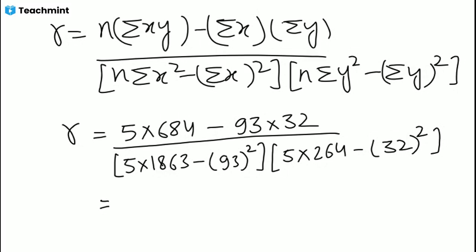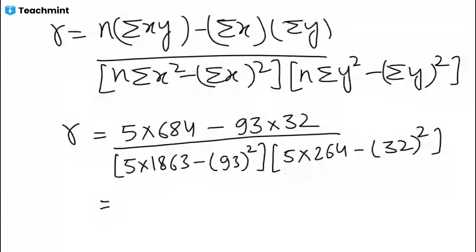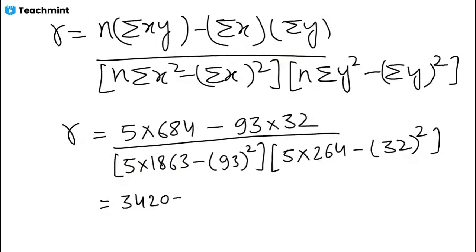5 into 684 minus 93 into 32. This is 3420 minus 93 into 32, which is 2976.